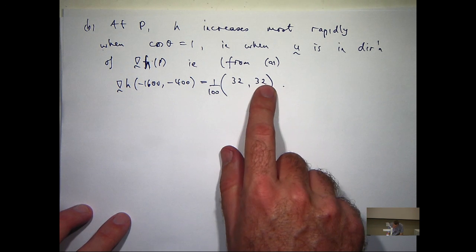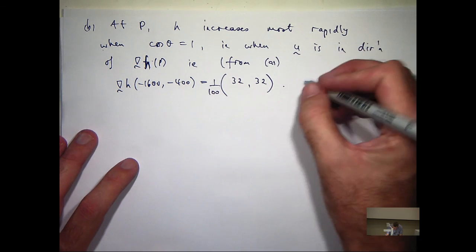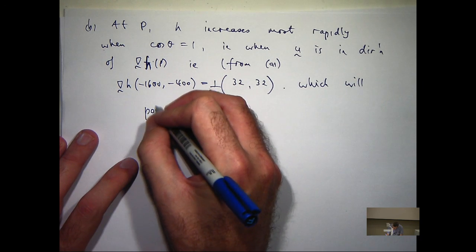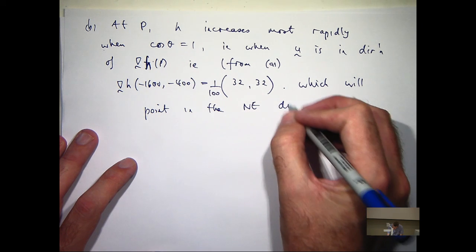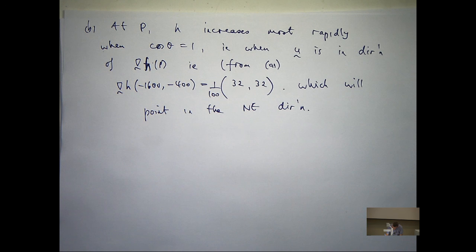So this vector is just going to be pointing in the northeast direction. So what's the direction of the biggest increase? It's in the northeast direction. If the bushwalker starts walking northeast, he or she will be challenged.